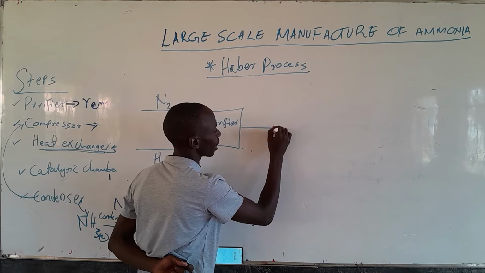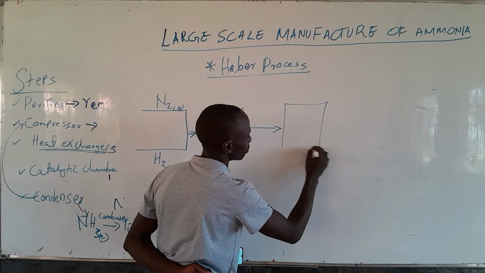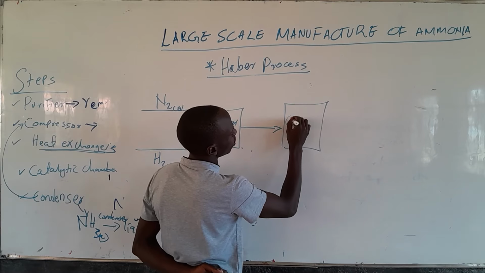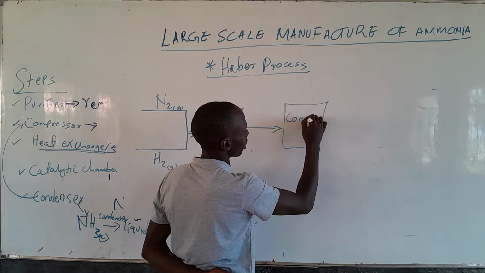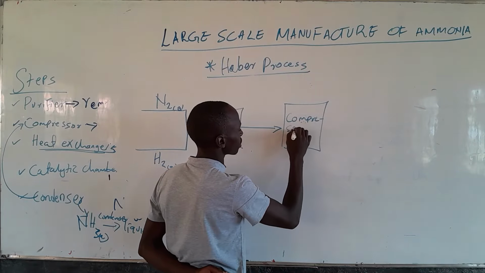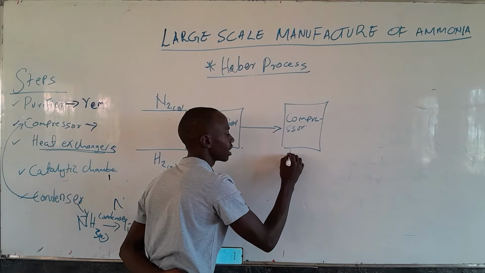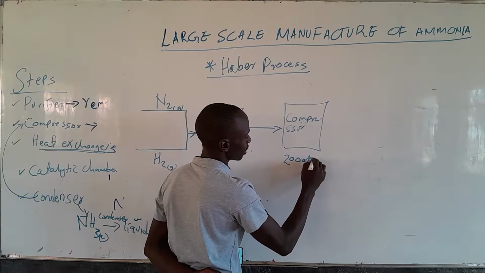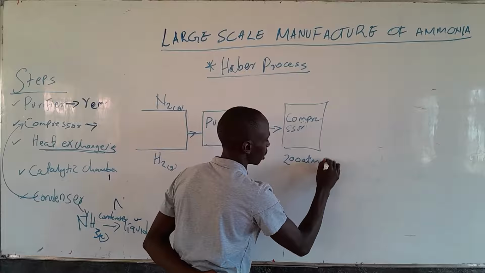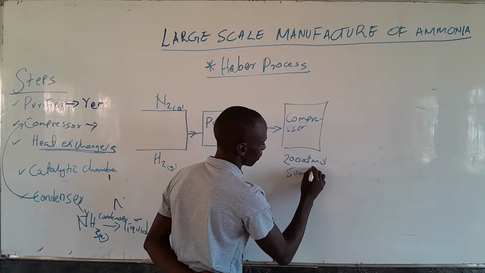From the purifier, we move to the next step, which is, sorry, not the condenser, the compressor. In the compressor, the gases are compressed to a pressure of 200 atmospheres to 500 atmospheres.